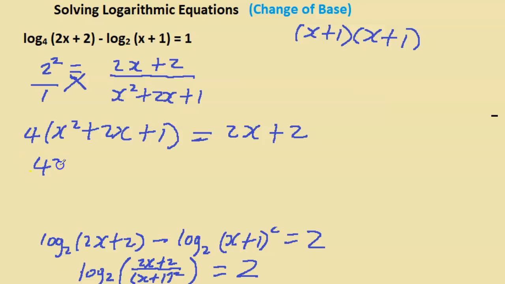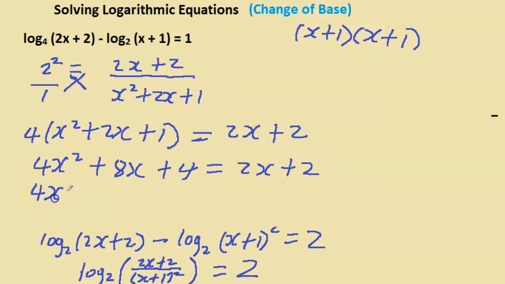So we have 4x squared plus 8x plus 4, distributing the 4 to each term in the bracket, equal to 2x plus 2. So group like terms: we have 4x squared, then positive 8x, minus 2x, then positive 4, minus 2, equals 0.